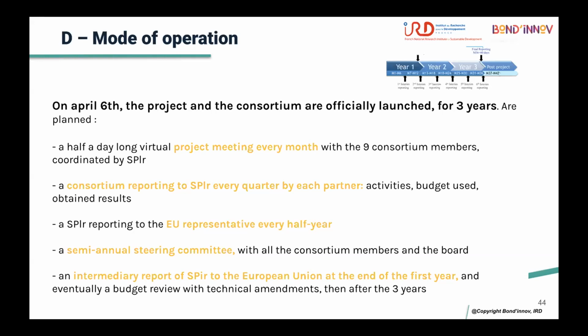So, for example, here, the consortium decided to have a day-long virtual project meeting every month. And every quarter, each partner must send a report to the lead consortium, and the lead consortium must send the report every half year to the European Union representative, and a semi-annual steering committee is organized.